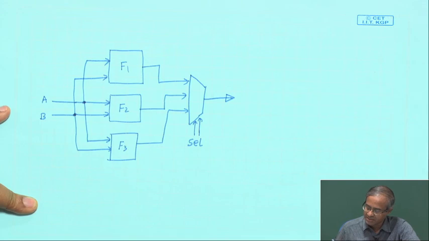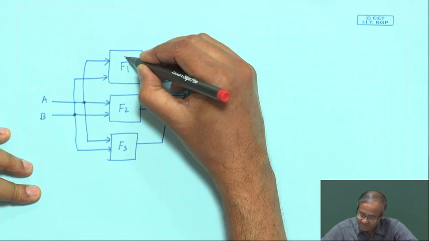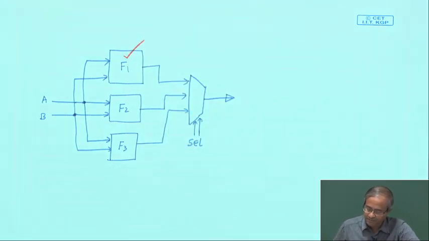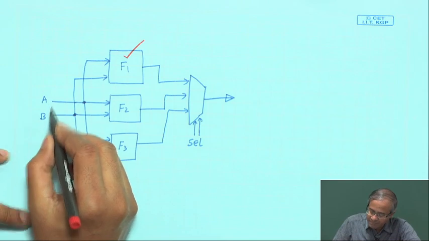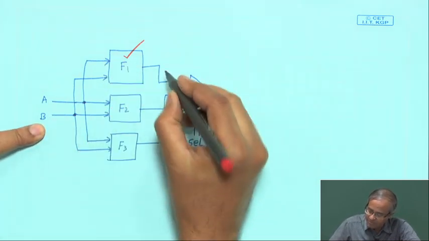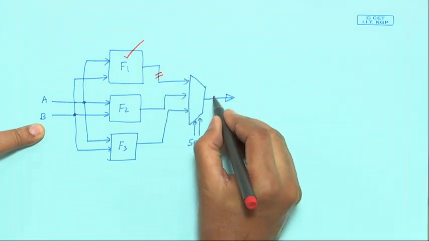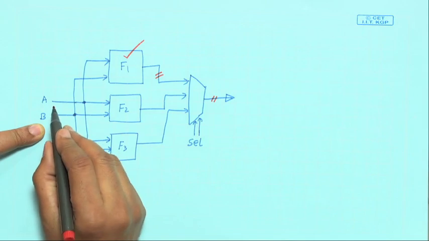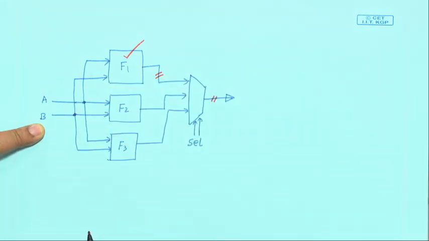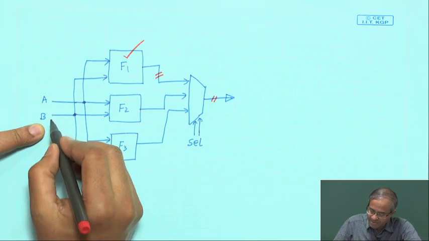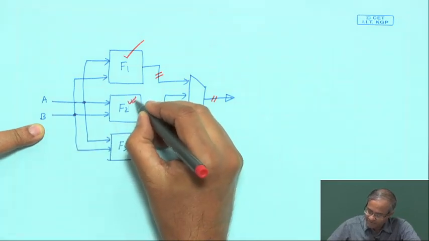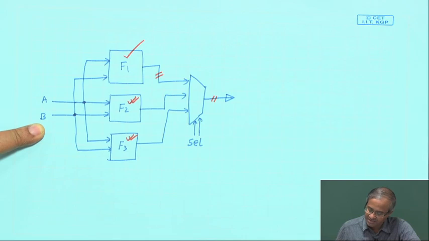One of them will be selected, but in this design there is a problem with respect to power consumption. Suppose I need to do addition, that means I want to run block F1. I apply some inputs A and B, F1 gets computed, the result is available here. I apply the select line, and this result comes out. But in this circuit, because A and B are changing, F2 and F3 are also participating in the calculation.